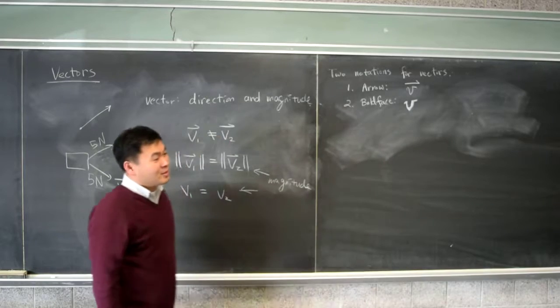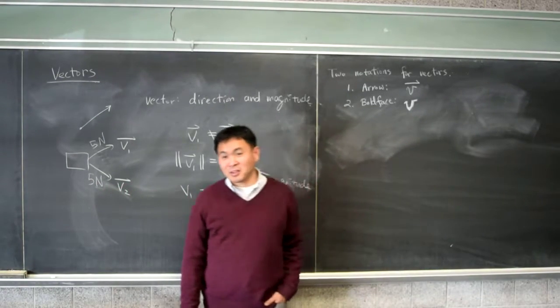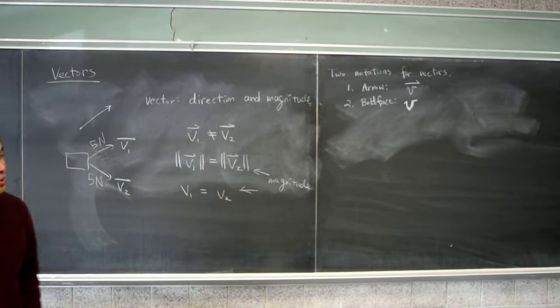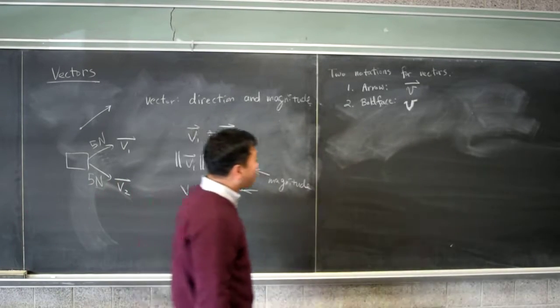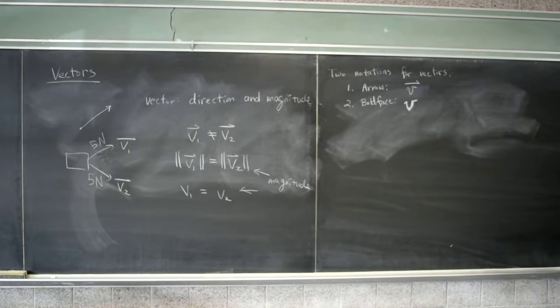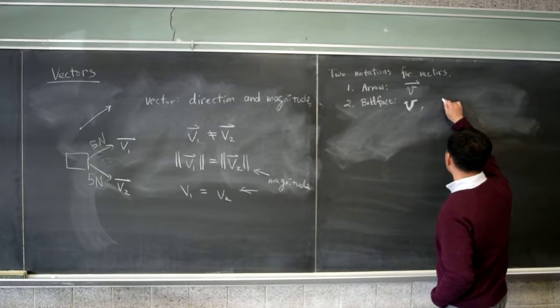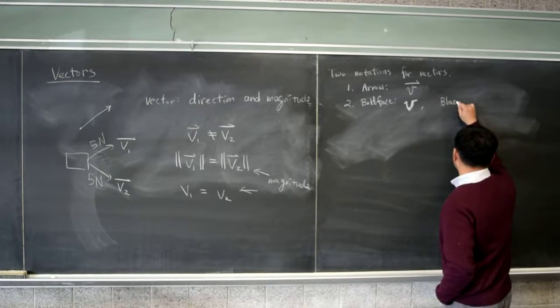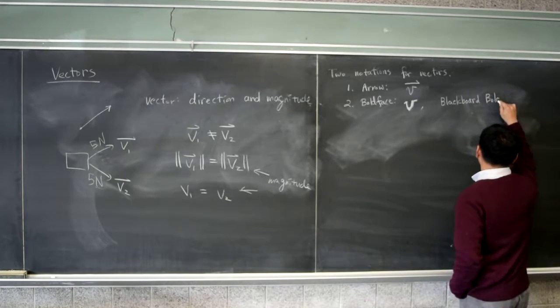Now the problem with this boldface is that if I start using the boldface notation, then I'll be basically coloring the board every minute or so. So that's not convenient, right? Because of this, when boldface letters are written on the board, some mathematics teachers developed something called blackboard bold.